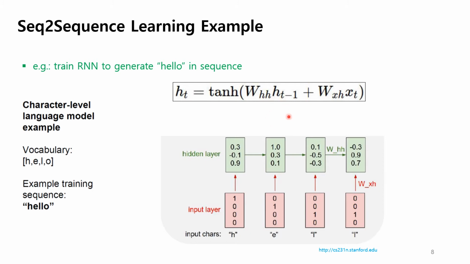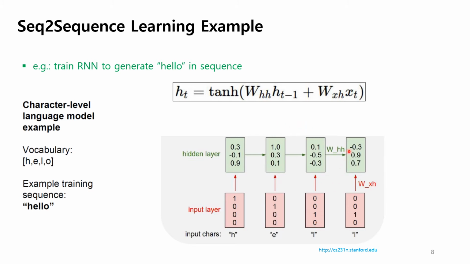And in this case, the output should be L, because for HELLO, the next letter after E should be L. If the output was L, there is no error, but if the output was not L, there is an error. We define the error using whatever error function you like. So keep going.